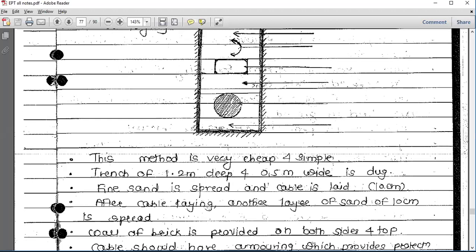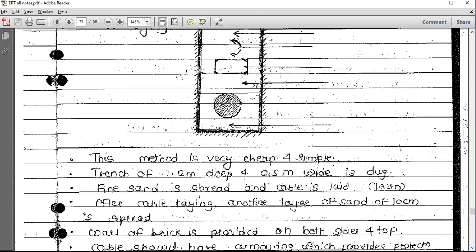After the cable laying, another layer of sand of 10 centimeter is spread over the cable, and a wall of bricks is provided on both sides and the top.